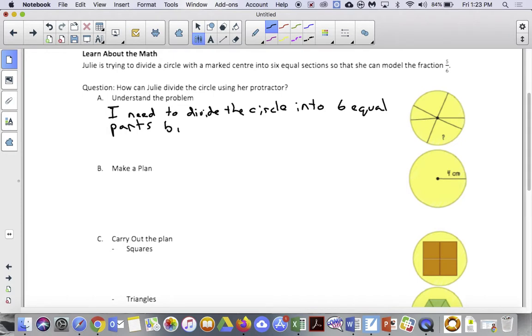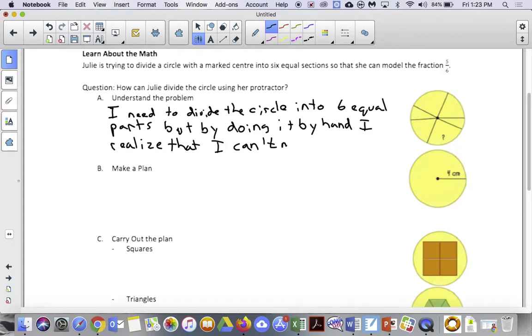But by doing it by hand, I realize that I can't make them equal. So I have this circle over here, and I tried doing it by hand, but clearly I cannot make them equal parts. It's very difficult to do by hand.